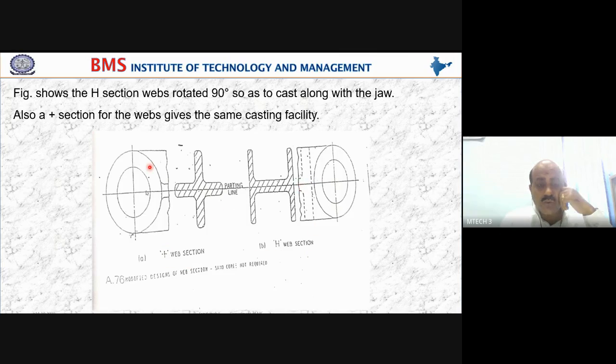Okay, so without using a core for the jaw, that is the machining jaw, you can cast the component without using sand cores. So this is another small modification they have shown in the design part. Okay, please make a note of these things.